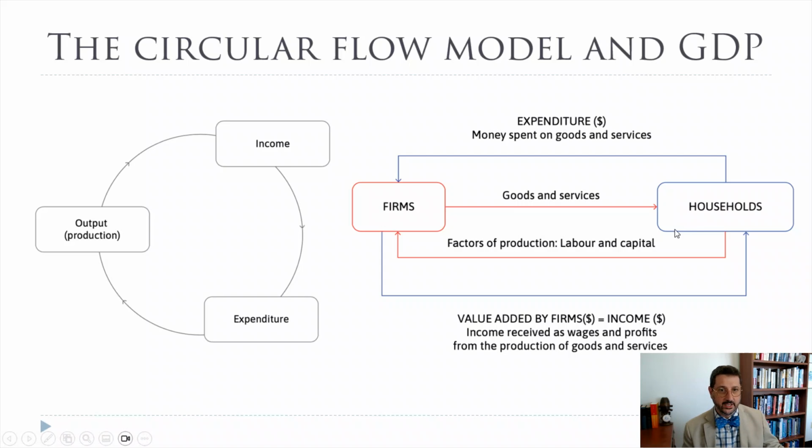And so the money goes from households to firms to buy the goods and services, but also from firms to households to pay for the labor and capital. That's our expenditure side for GDP, households buying stuff. Now, of course, firms also buy things from other firms as well, and we'll talk about that.